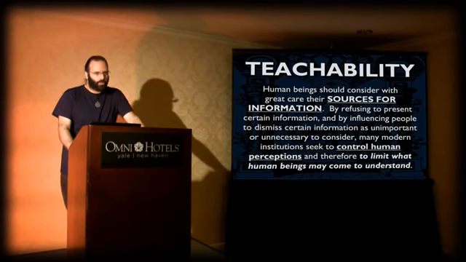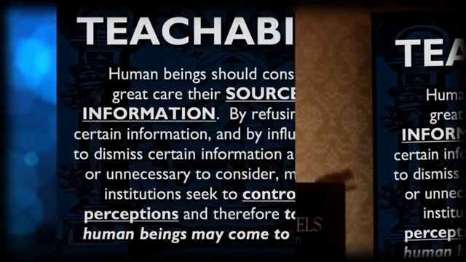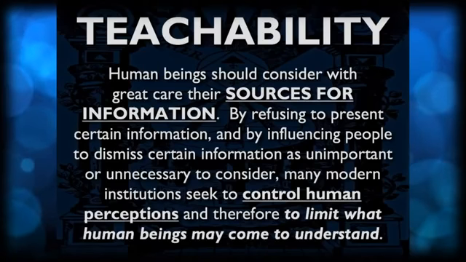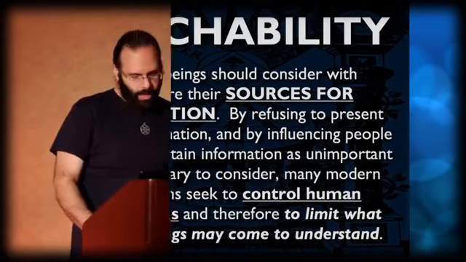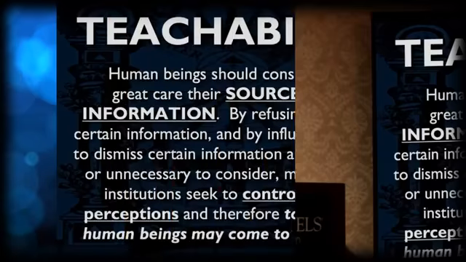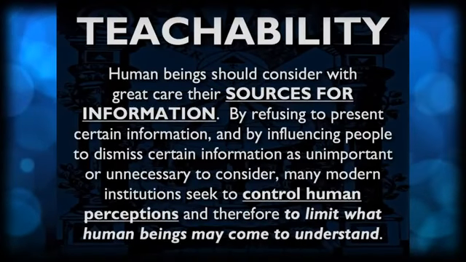Human beings should consider with great care where their information comes from, the source for the information. This is because by refusing to present certain information, and by influencing people to dismiss or dissuade them from looking into certain information because they're telling you that it's unimportant or unnecessary to consider, many modern institutions like media, like so-called education institutions, are seeking to actually control human perceptions, or let's call it outright what it really is, to control the mind.